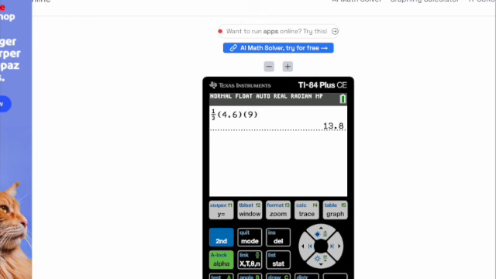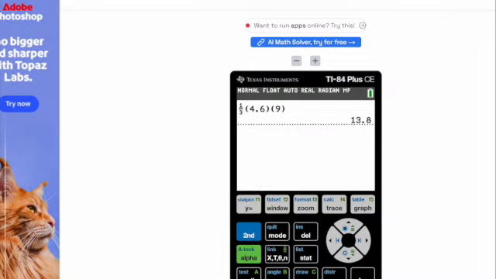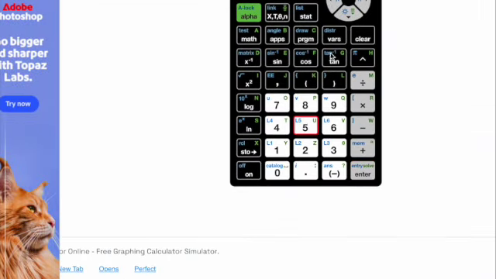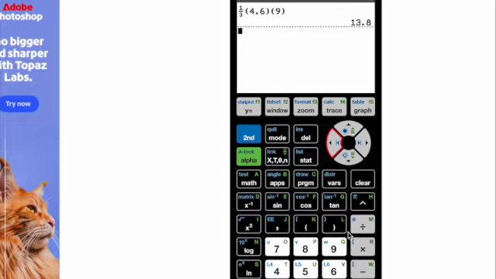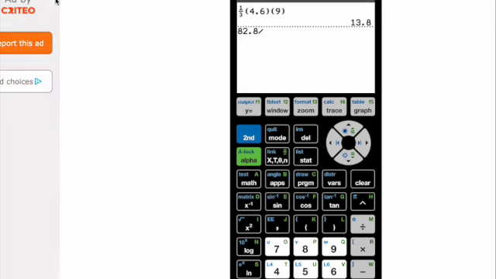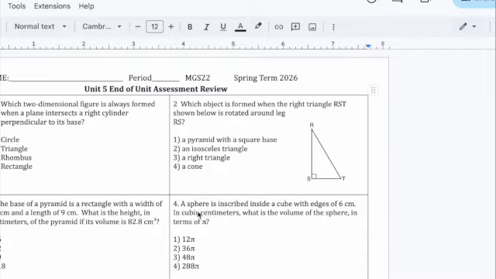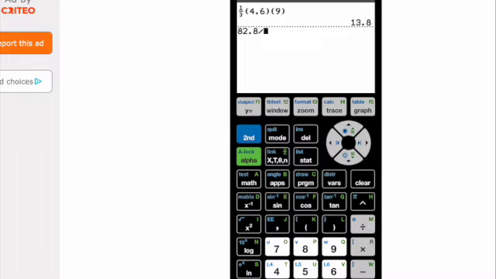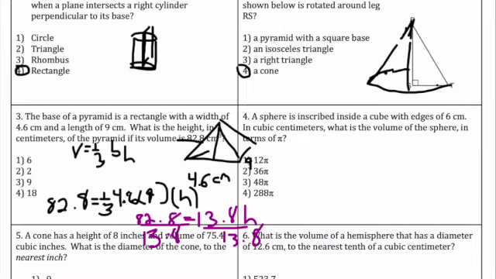Okay, so we have 82.8 divided by 13.8. Okay, and our answer is 6, and we have that answer right here.